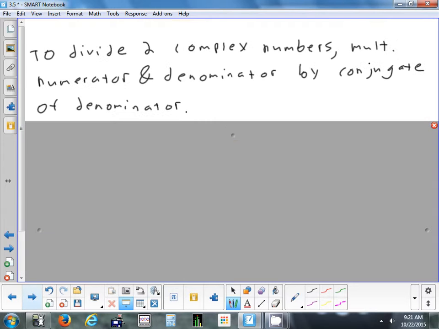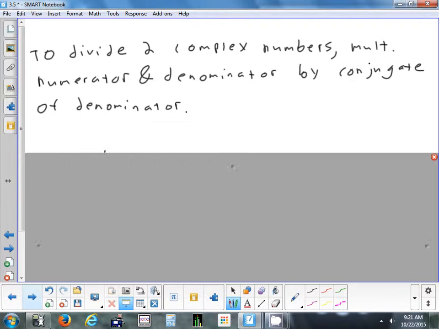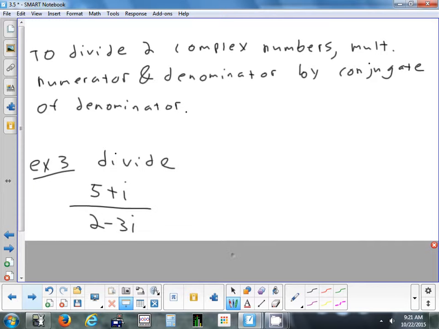All right. So now, the last thing we'll do is a division problem. When we have to divide two complex numbers, the way you do it is you multiply the top and the bottom by the conjugate of what's in the bottom. And you'll see in a second why we do that. It makes something nice happen.